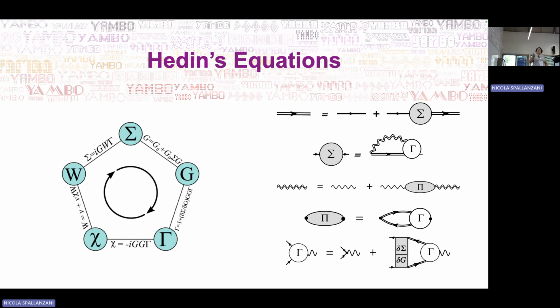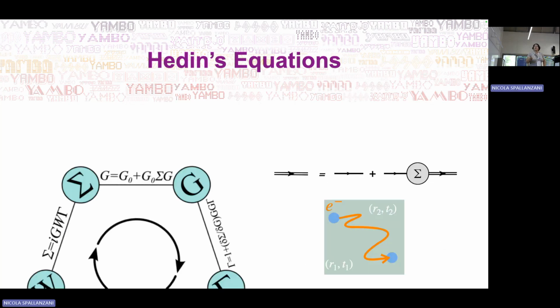This would be the representation using Feynman diagrams. Again, we see the Green function written in terms of the Green function of a non-interacting system and the self-energy, and the rest of the equations. If we want to solve Hedin's equations, we start from a first guess for the Green function and also for the self-energy, and we solve this equation here, where the Green function gives the propagation of our particle.